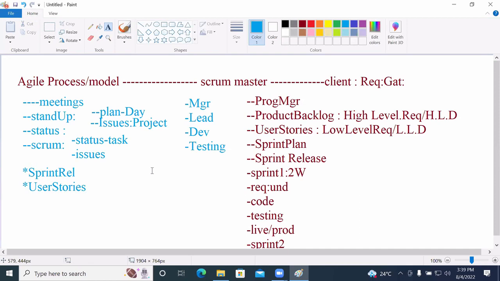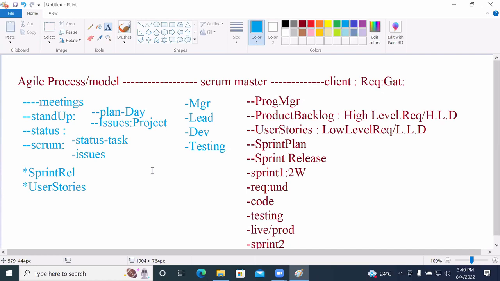See the understanding. As simple as that, the Scrum meeting is conducted by the Scrum Master to have a discussion related to the sprint release. So what the Scrum Master will be doing is, he will conduct the meeting with the development team and the testing team.